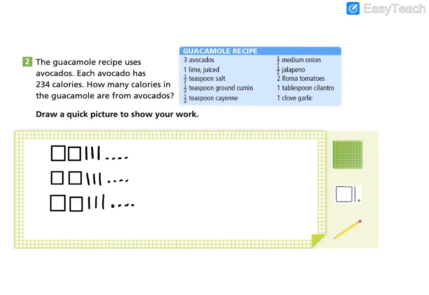All right, so our equation would look like 3 avocados times 234 calories in each avocado. Now, to solve this, we can use our drawing to help us. We have 6 hundreds, 9 tens, and 12 ones.